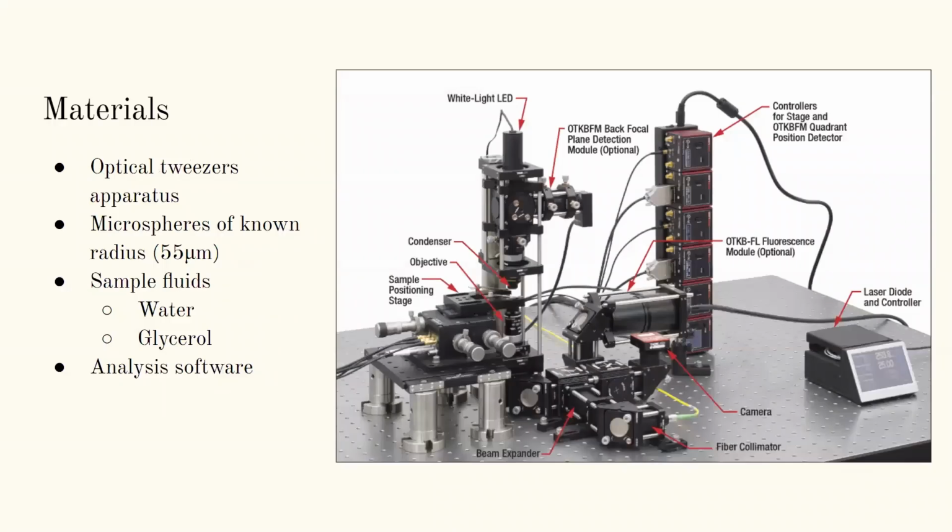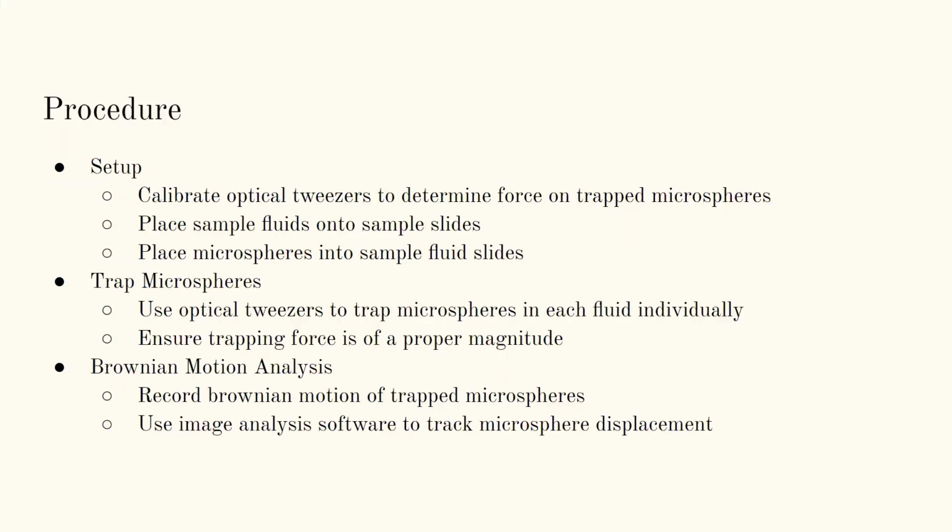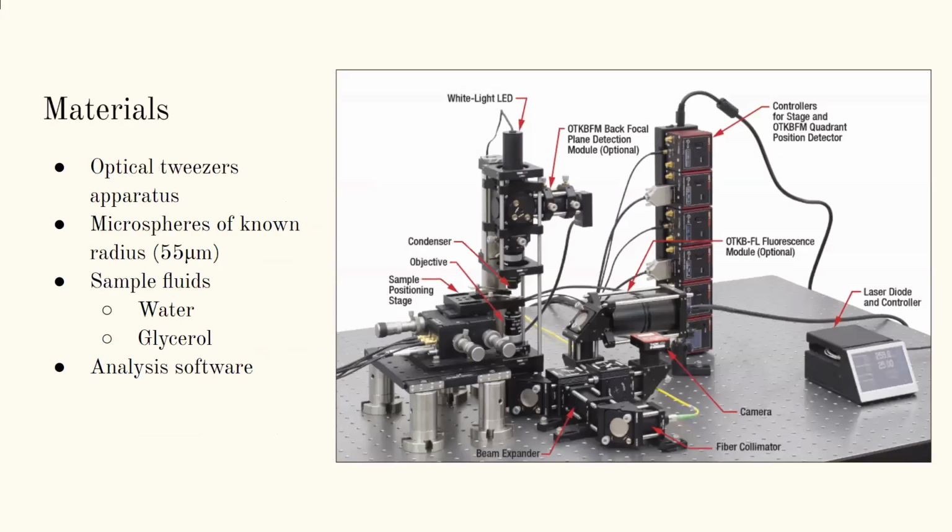So we're looking at the experimental setup. We've got a list of materials here. First up, we have the optical tweezers apparatus, along with the other instrumentation that can be seen on the diagram to the right, most notably the backfocal plane detection module and the laser diode and controller and camera. Next we have the microspheres of known radius, which would be 55 microns.